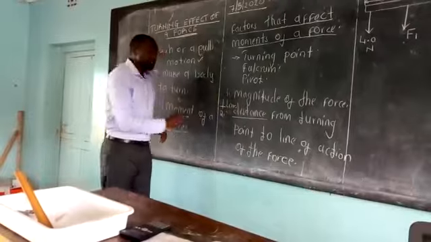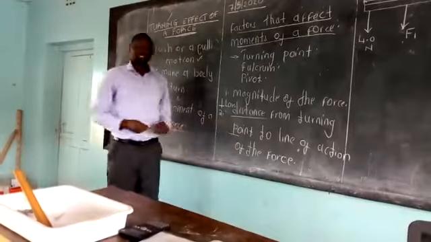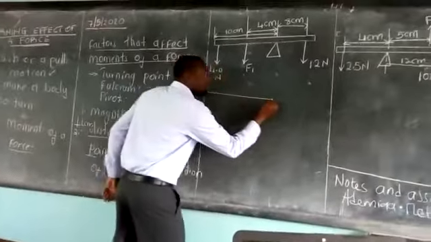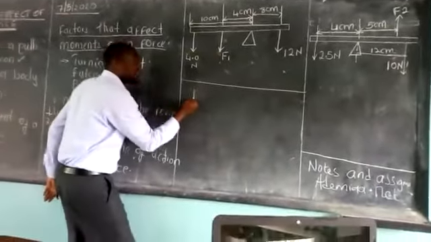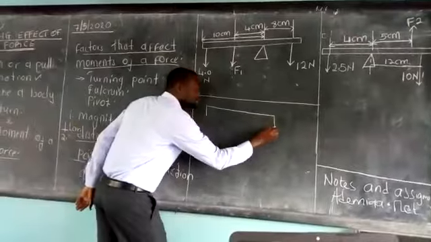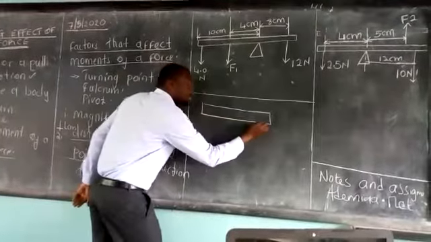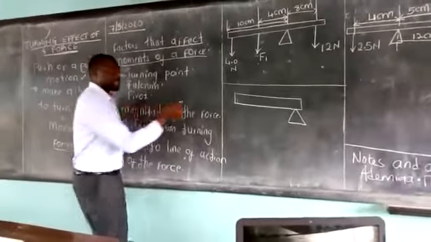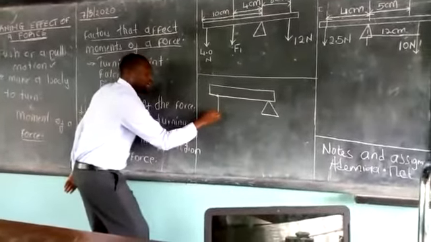I want to expound more on this perpendicular distance. Let's look at a situation where we have a half-meter rule like this. This is our turning point, that is the pivot, and this is the point where the force is being applied.